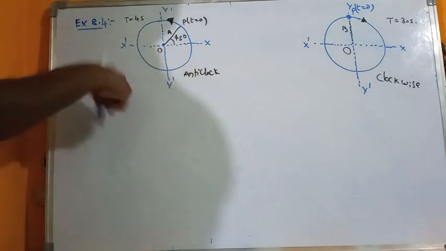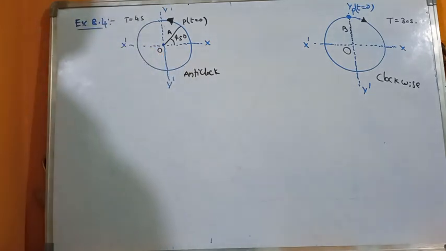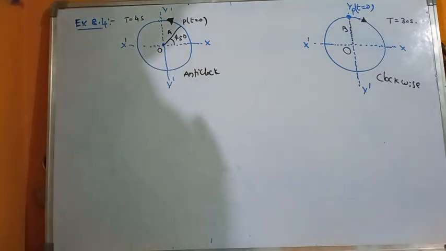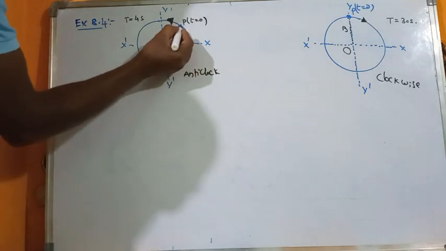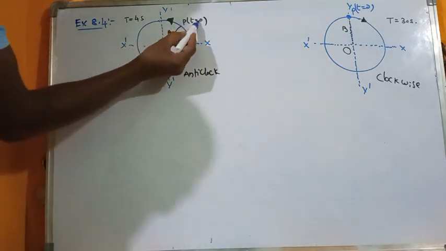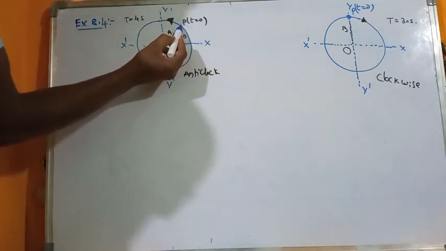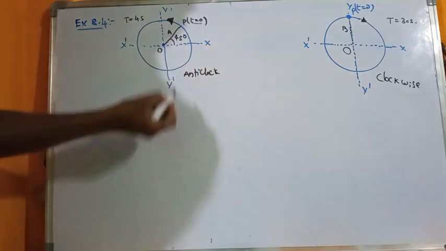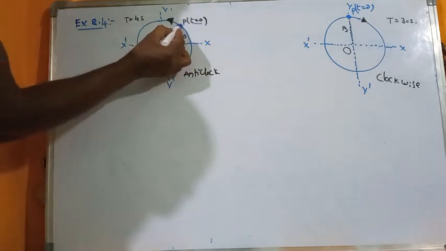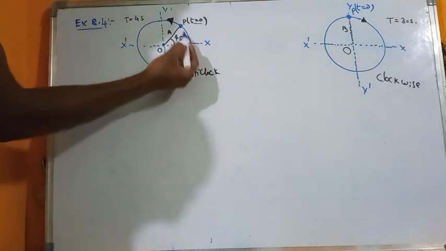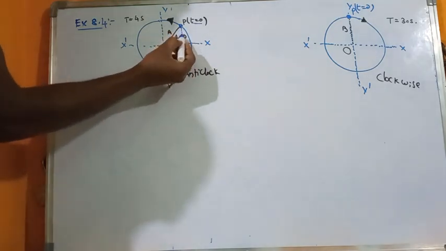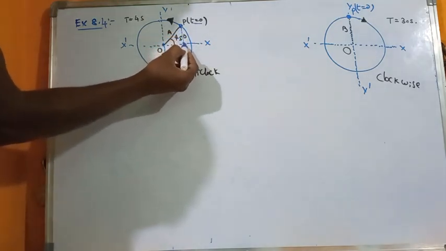But here they ask for the x projection. Now, P is the position of the particle when time t is equal to 0, it is located here, and its x projection is our x projection.